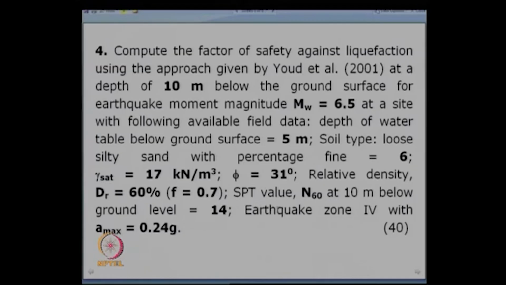I will describe. The SPT value, standard penetration test value given to us is N60, that is, it is corrected with respect to the energy correction, N60 at 10 meter depth below the ground level is given as 14, and earthquake zone 4 as per our Indian seismic code of IS 1893 with A max value given as 0.24 g.